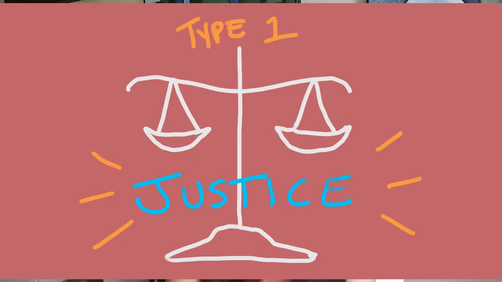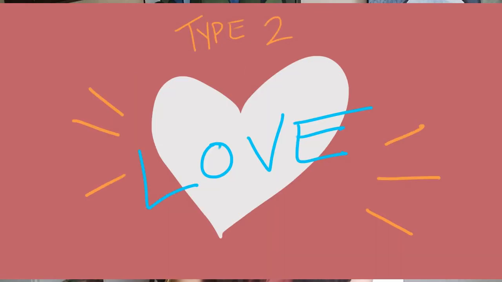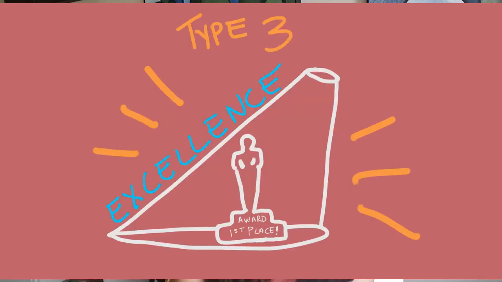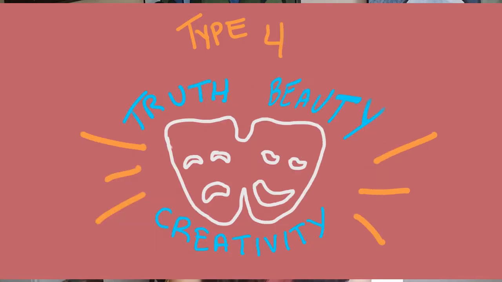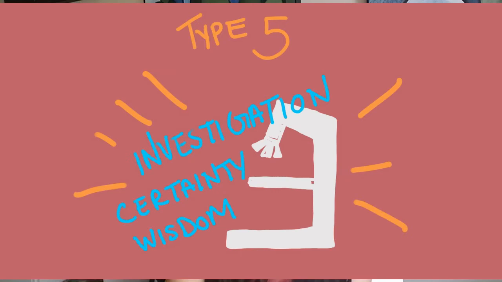The 1: justice, idealism, accountability. The 2: love, caring, helpfulness, generosity, nurturing. The 3: excellence, discipline, motivation. The 4: truthfulness, independence, beauty, creativity. The 5: certainty, wisdom, investigation, right?